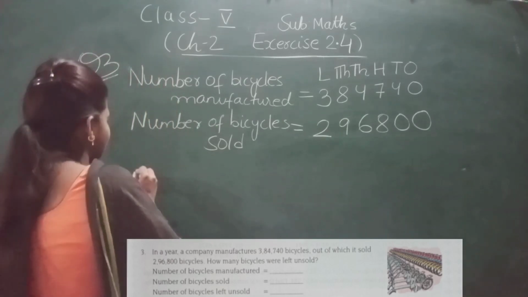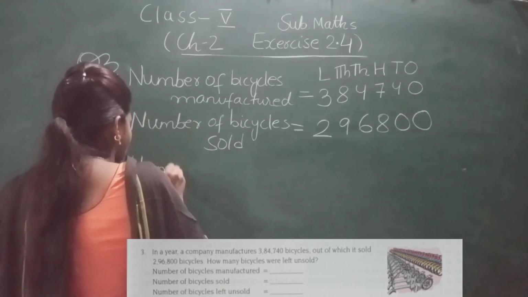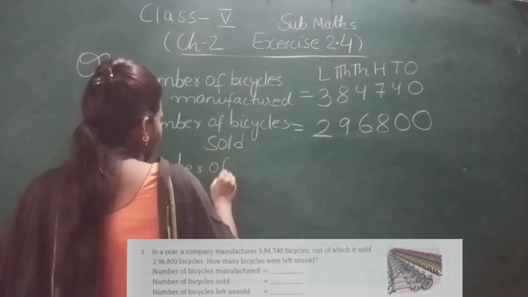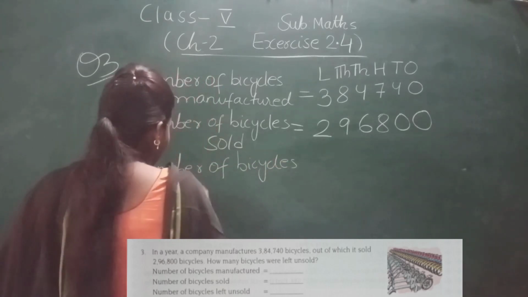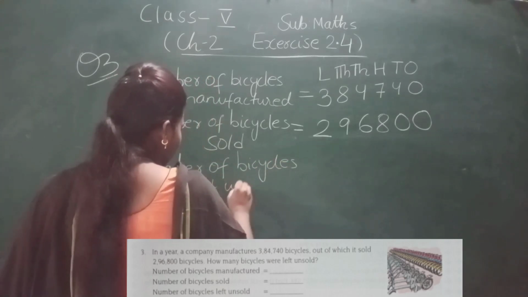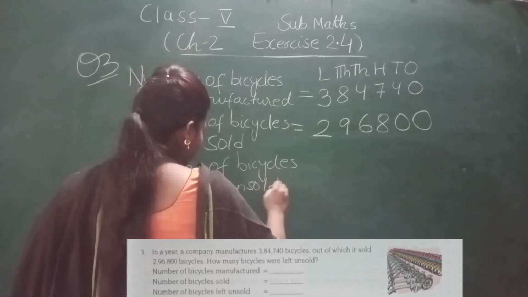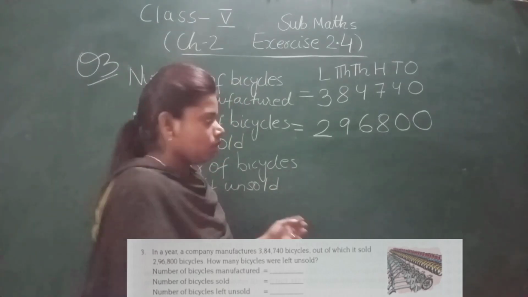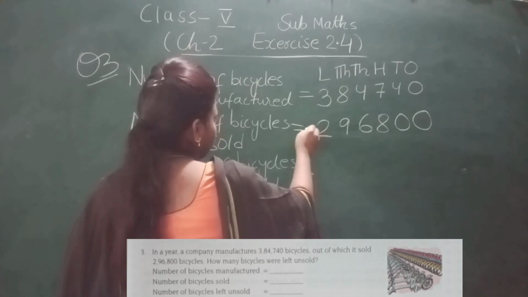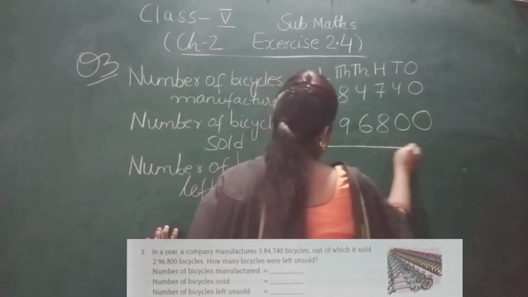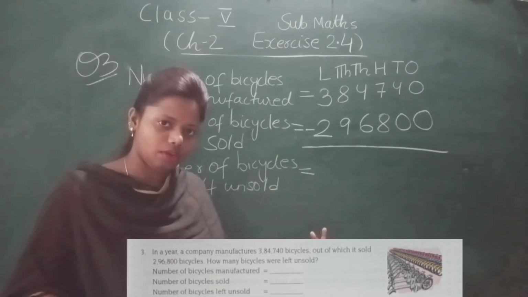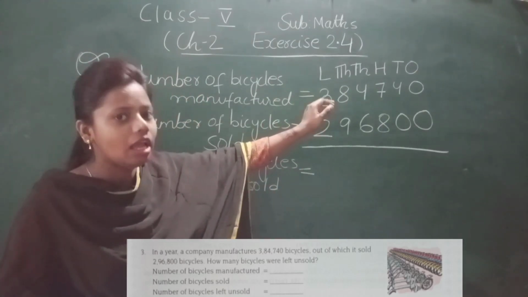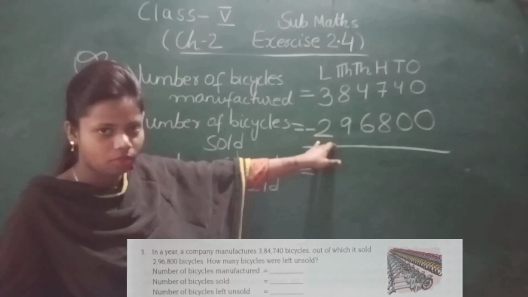So now let's write number of bicycles left unsold. To find this, what we have to do? We have to subtract, then we will get the number of bicycles which were not sold. This is the total number of bicycles, and out of this this many were sold.